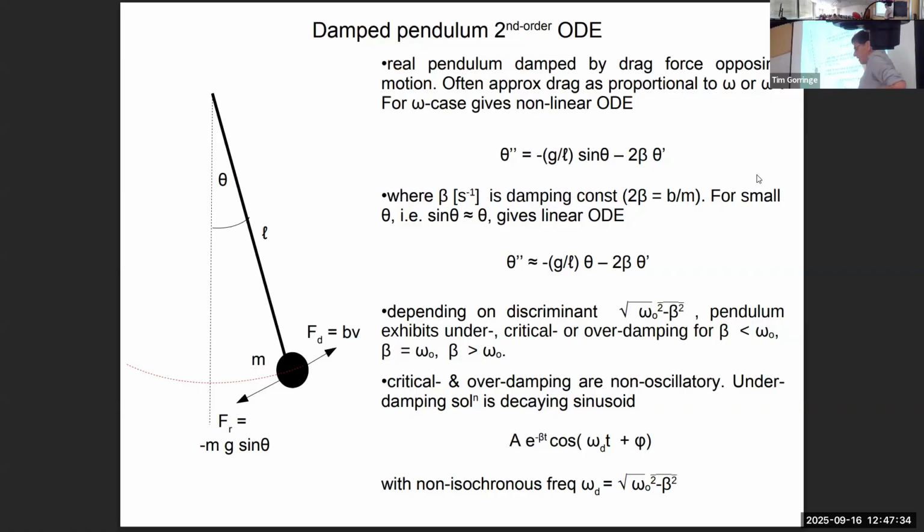However, again, in the case of small angle displacement, where you can apply the small angle approximation, where sine theta is approximately equal to theta, then we have this small angle damped pendulum ordinary differential equation, which is linear. So this is linear in theta and its first and second order differentials. So this is a linear differential equation that can be solved analytically.